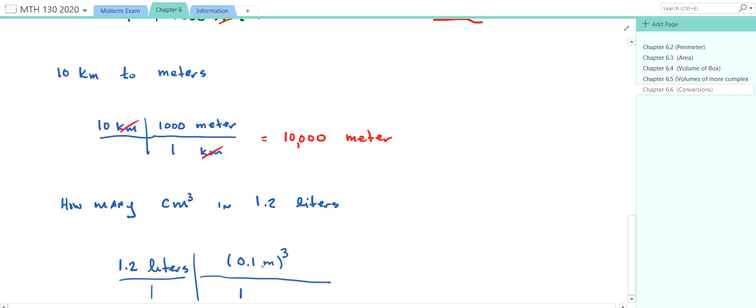So there's 0.1 cubed meters per liter. And I know that, I'm going to have to end.